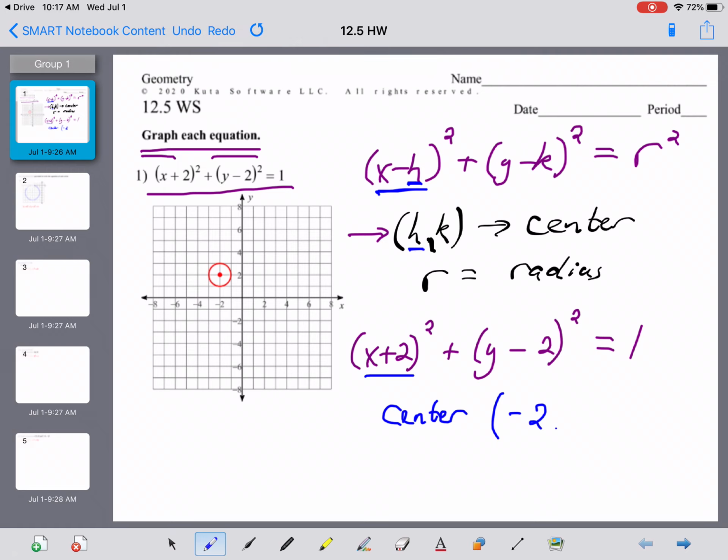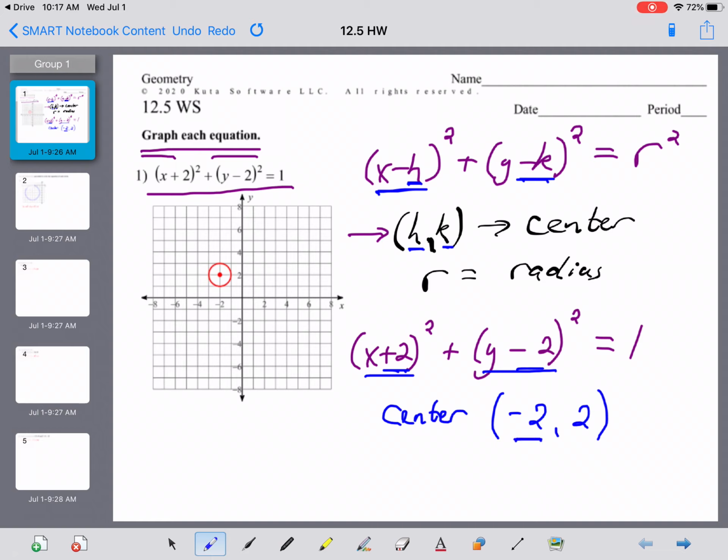Now, when we go to look at our k value here, k is the value right here being subtracted from y. So as we look at this binomial here, the number being subtracted from y is 2. So this is something you guys are going to have to get used to. When you see a positive 2 right here, the center actually has a negative coordinate.